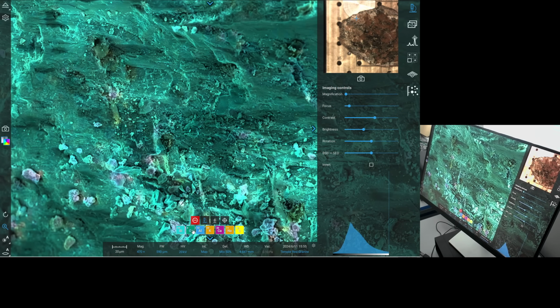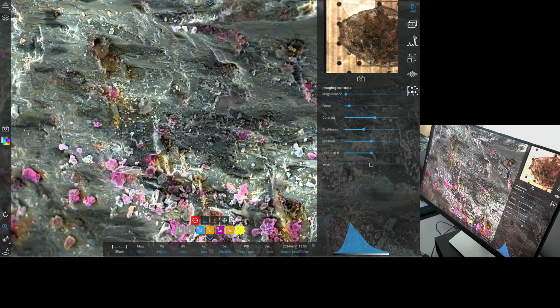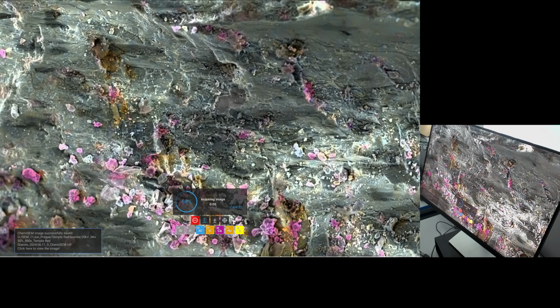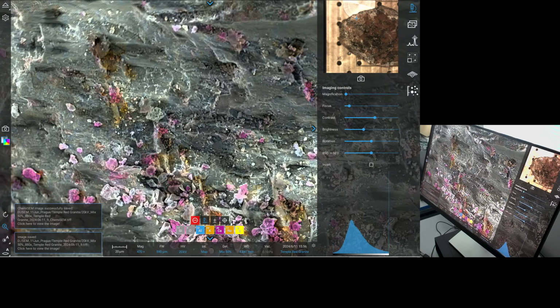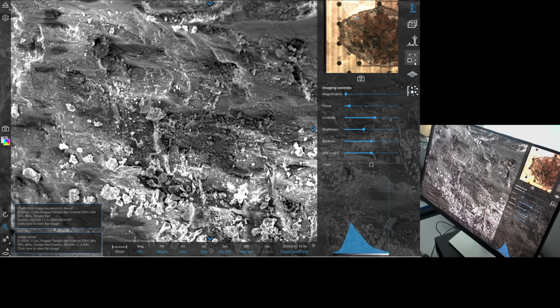It's mostly oxygen and silicon, so if you turn those off, you get an idea of where everything else is. That is about that. Mostly silicon and oxygen, of course. Okay, so we'll turn that off.